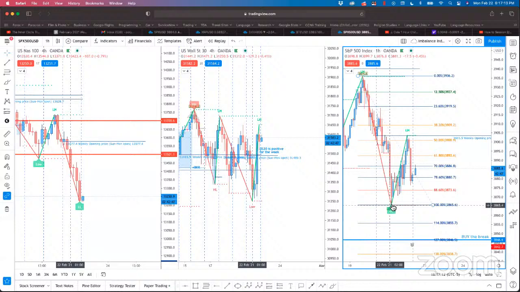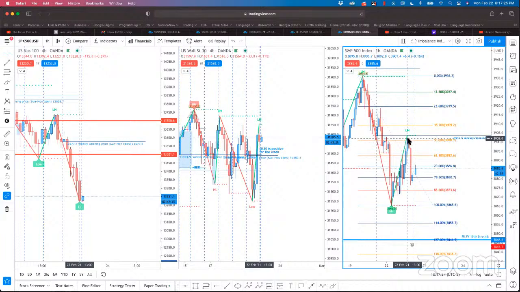Once it rejected, it came back up to the 618 and rejected. It tried to sell off right here, held that, pushed back up to 50%, rejected, came back down, held that, right?